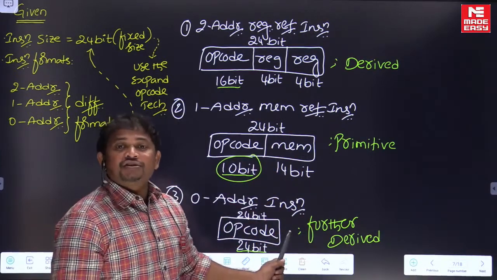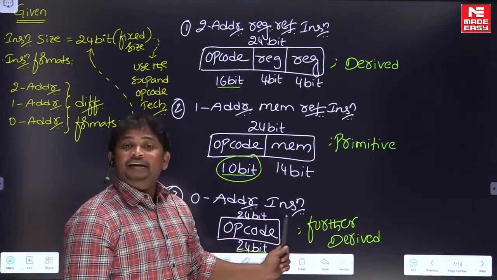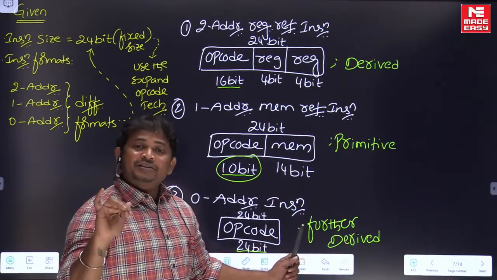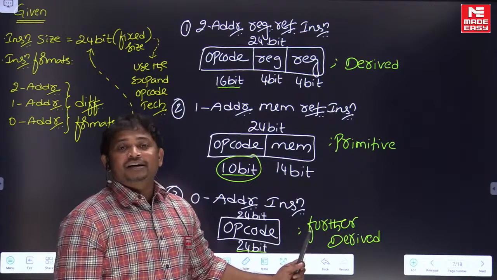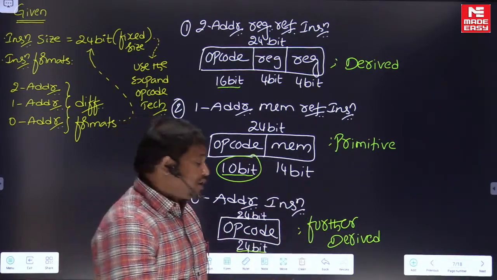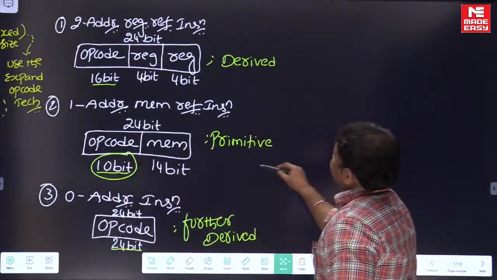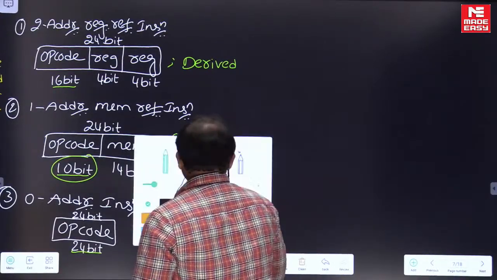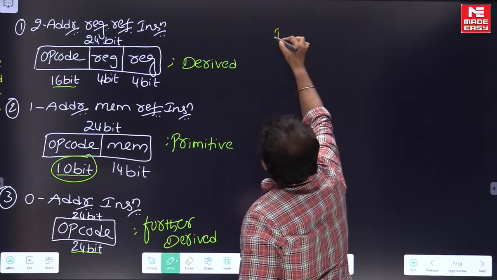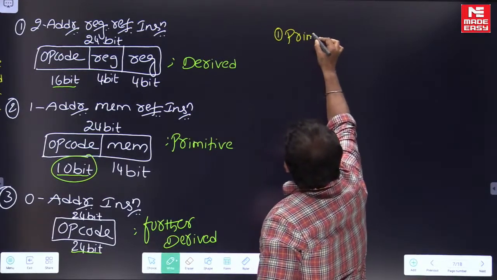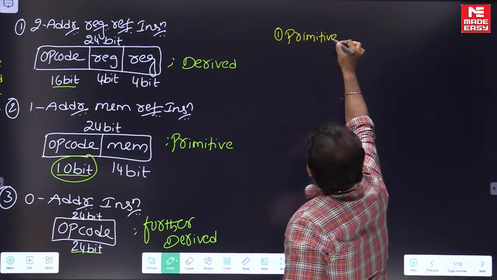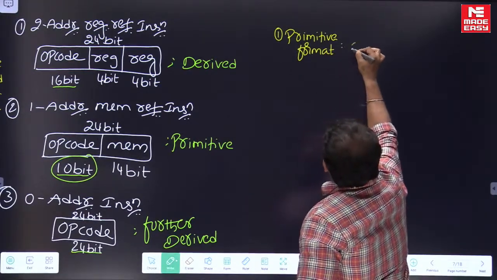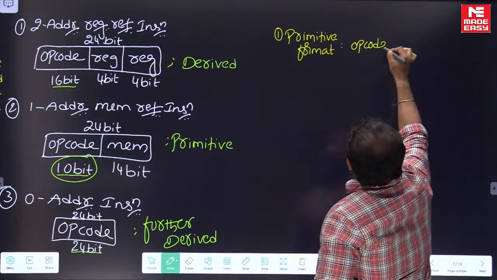But in this question, opcode sizes are different. Therefore, the smallest opcode is primitive, the next smallest is derived, and the next one is further derived. Okay, all right. Next, please. Simply take the primitive format first. The primitive format is the 1 address format, opcode and memory address.